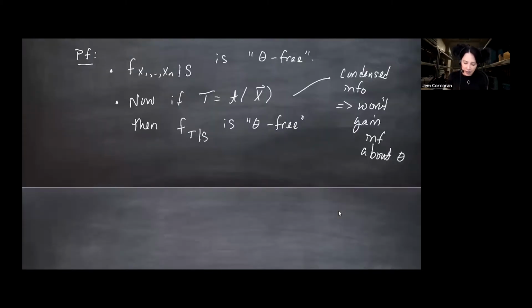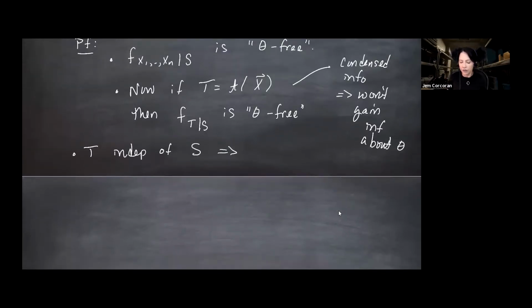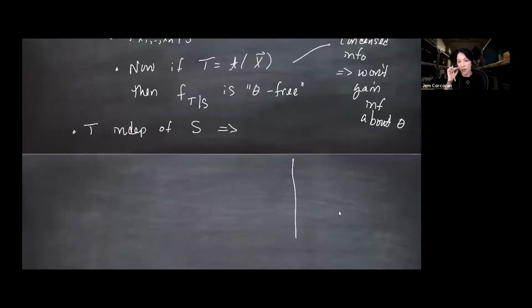And then finally, we have T independent of S implies, ooh, let me do an aside. You probably already know this, but when you define independence in probability, you've probably started with sets and said if they're independent, then the probability of the intersection factors into the product of the probabilities.